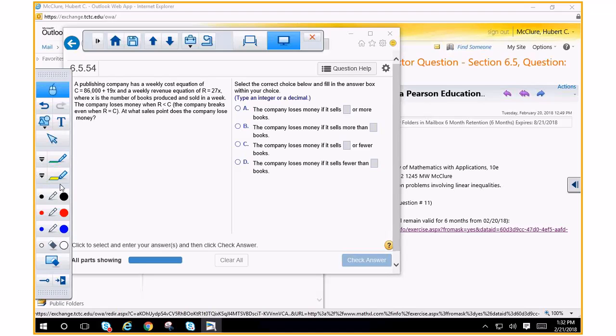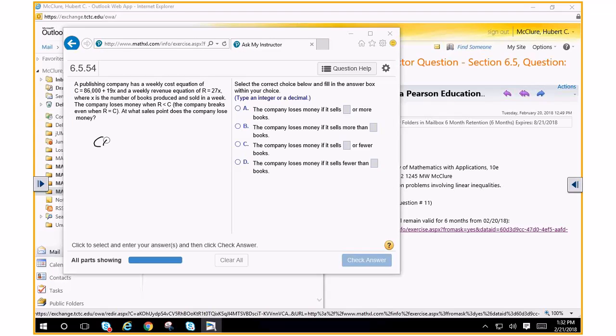Now, what's cost? Cost is how much it is to make a book. Please work with me. Cost is equal to 86,000 plus 19 times the number of books.